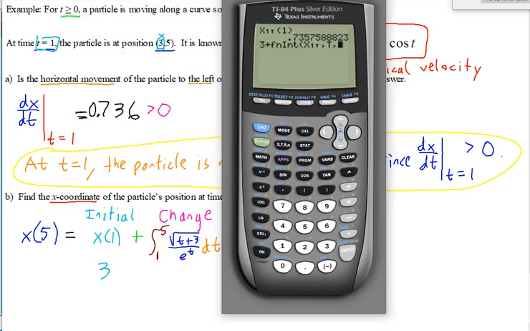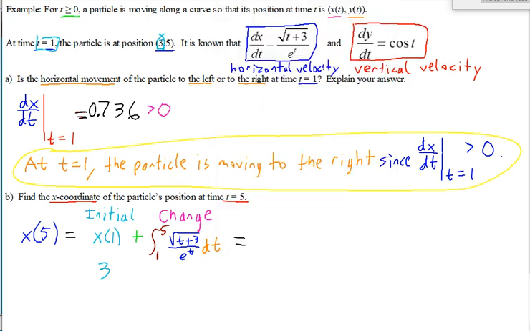You just hit the lower limit is 1, comma, the upper limit is 5. And we get 3.799. So that's the x-coordinate at time 5.